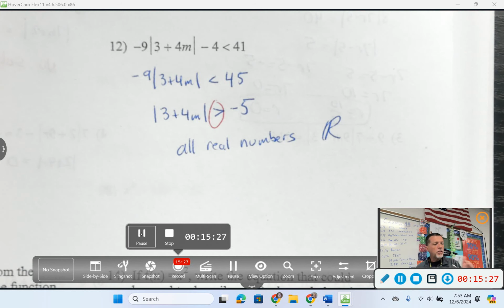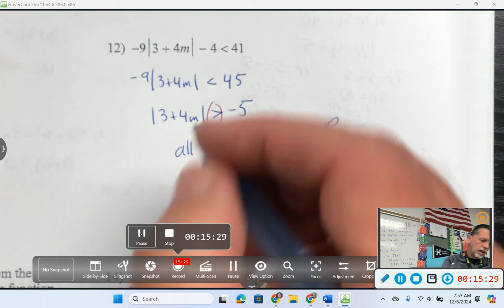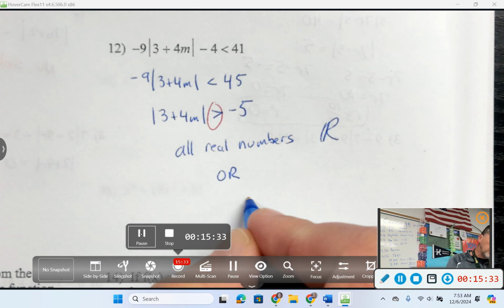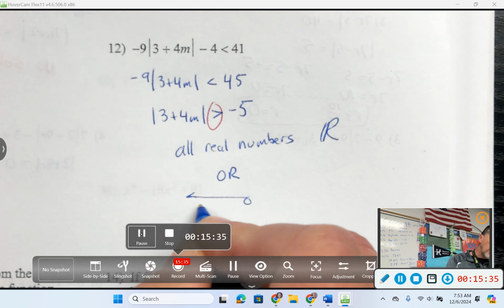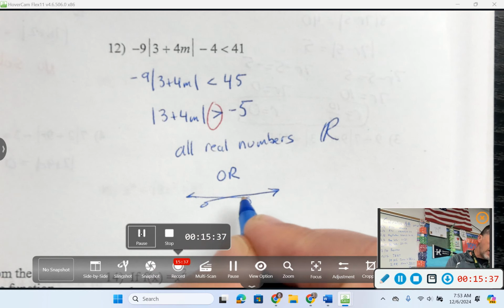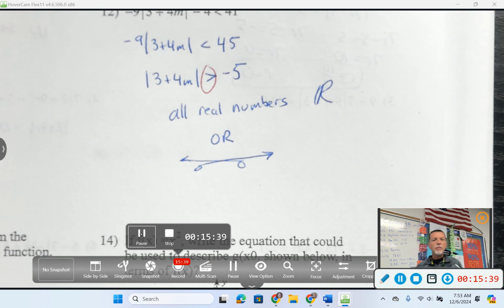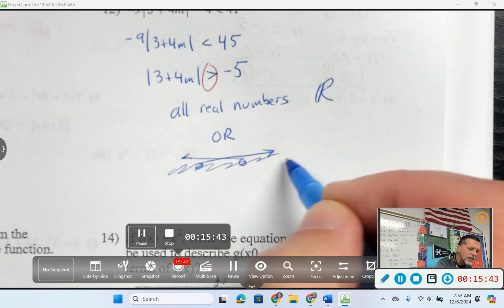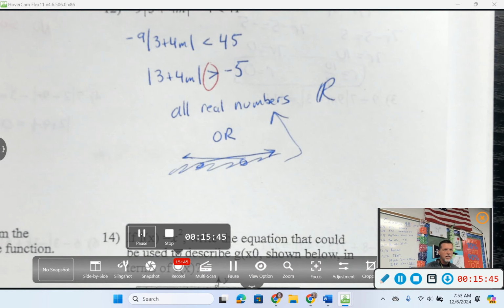If you did continue to work this one, it's an OR problem, but they would be overlapping. And when anything shaded is part of your answer, then you'd have everything shaded and you'd have all real numbers. Hopefully it doesn't get to that. Hopefully you catch it right here.